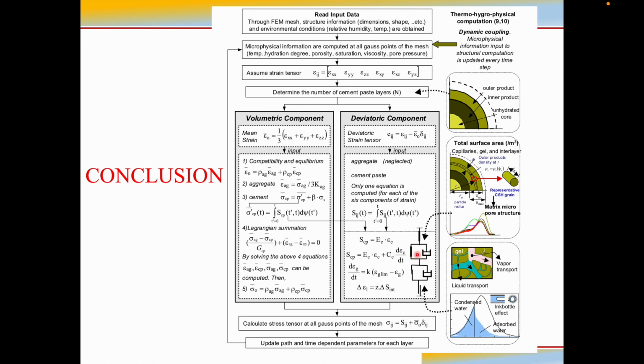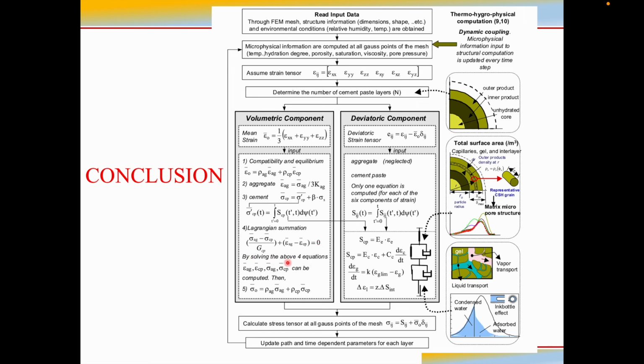Each material has its own property like shear stiffness and viscosity, etc. That's why the relationship between stress and strain of cement paste can be calculated in 4 ways: 1, 2, 3, 4. After we get this, we can apply the Lagrangian summation, where the total of inner strain and outer strain is equal to 0.